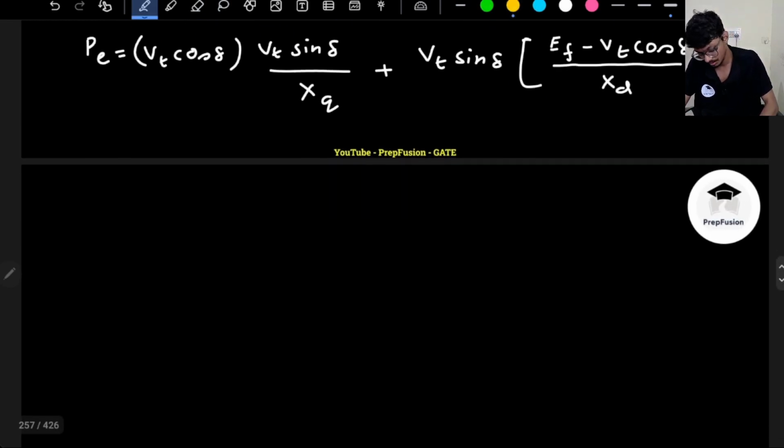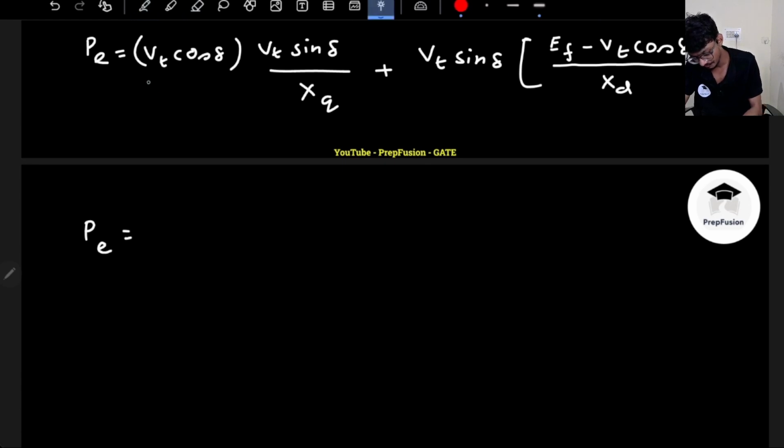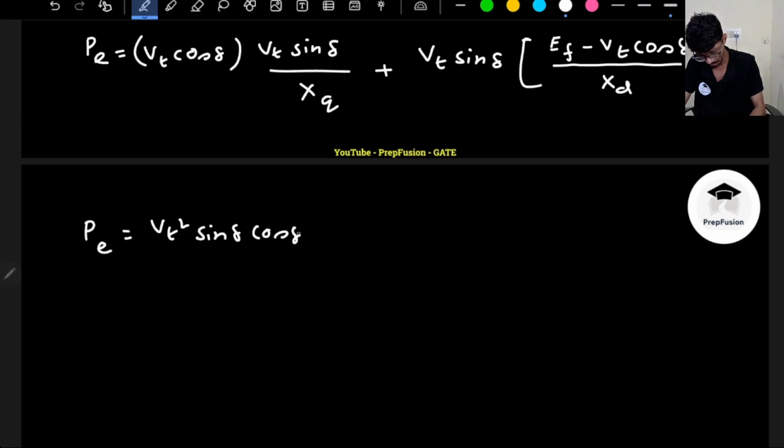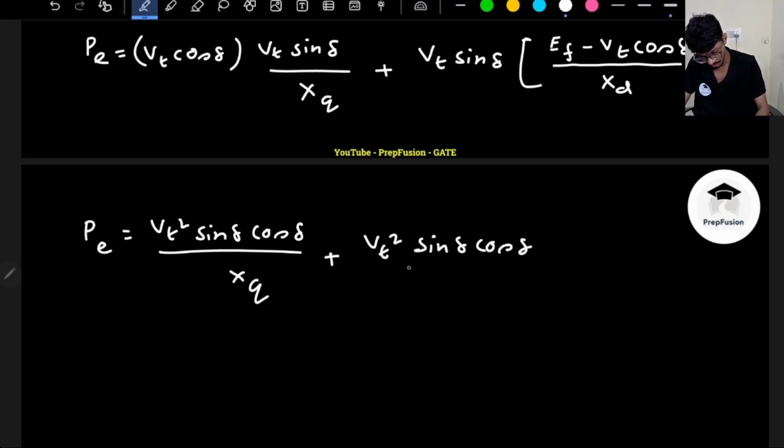Okay, so P will be VT square sine delta cos delta by XQ. Okay, so this will be VT square sine delta cos delta divided by XQ, plus again here also VT square sine delta cos delta divided by XD, plus this term.